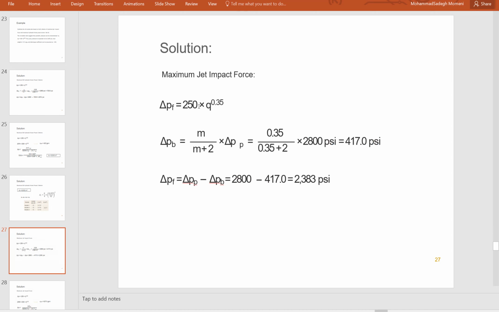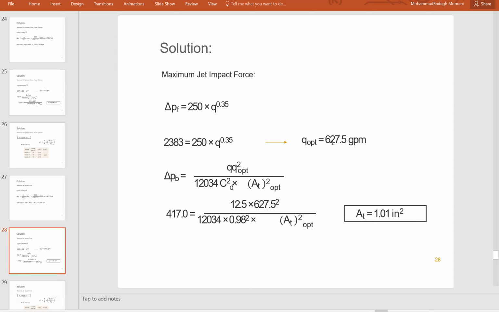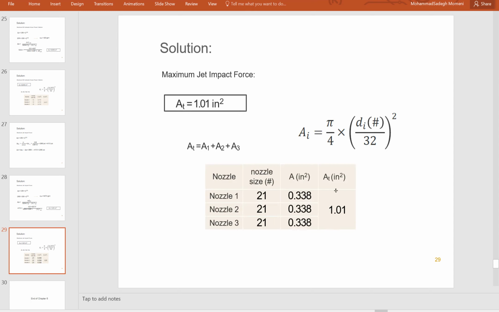The next method is M divided by M plus 2. If I do that, delta PF would be 2383, and from here the optimum flow rate is 627.5, and the total nozzle area is 1.01 square inch.